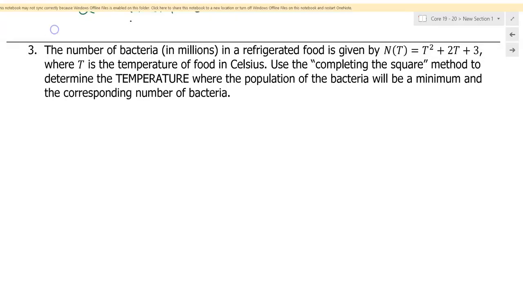So, for here, now we're doing what we did on our last one in V2, where we have to complete the square. So we are given this n of t equals t squared plus 2t plus 3. We're going to focus on just this part.